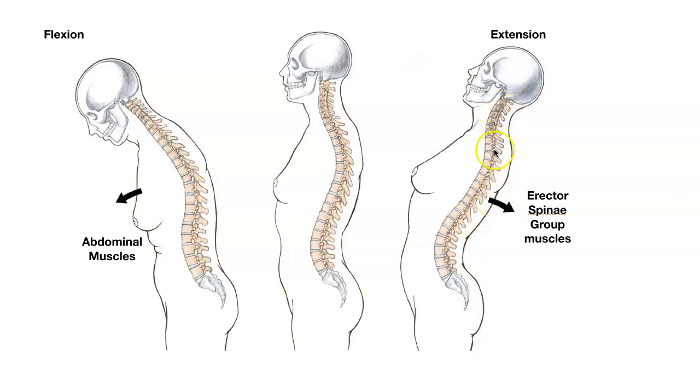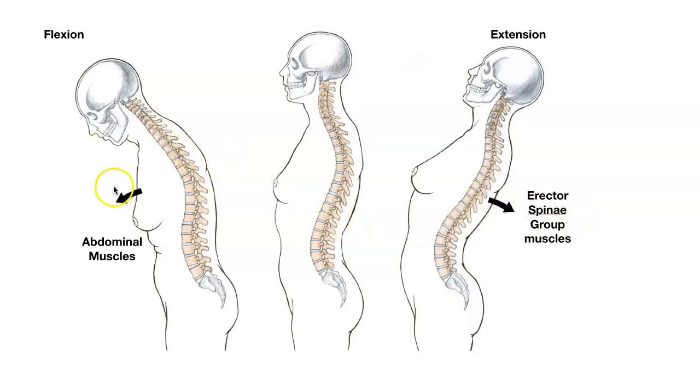They are moving the vertebral column. They are called erector because they are keeping the spine erect, keeping you upright, and they give you that extension also. When they contract, erector spinae group, it's a group of 3 muscles.